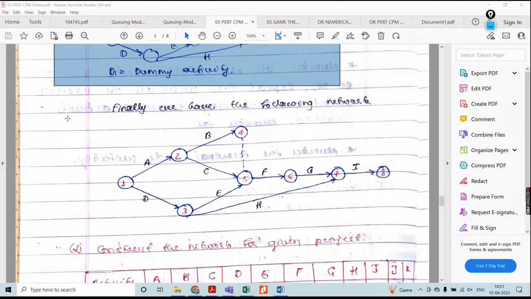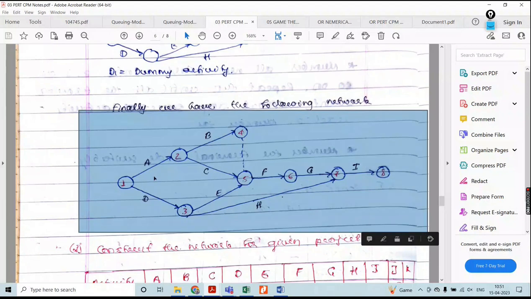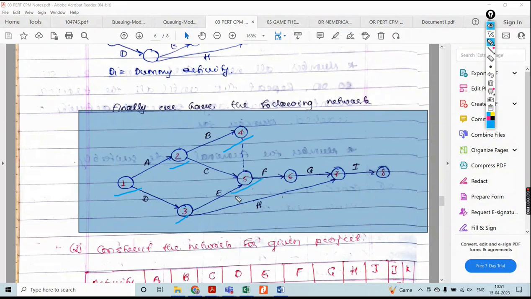This is your final network. The event numbers are written 1, 2, 3, 4, 5, 6, 7, 8, because whatever sequence you are taking should be unique. After 4 you should not write 6; it should be 5, 6, 7, 8, then it is the end. Is this clear?